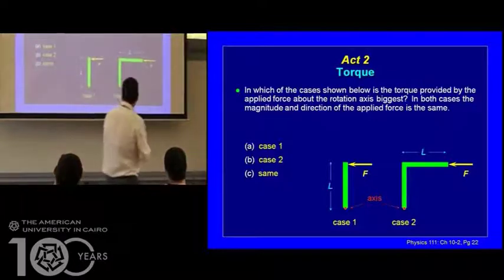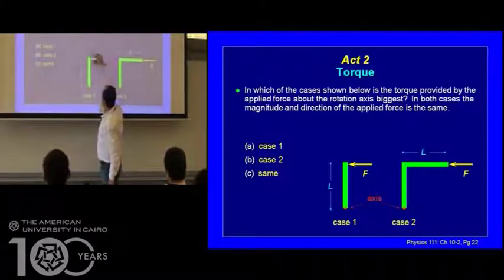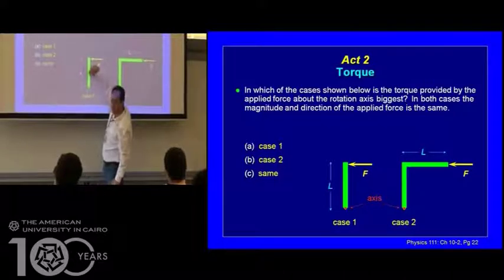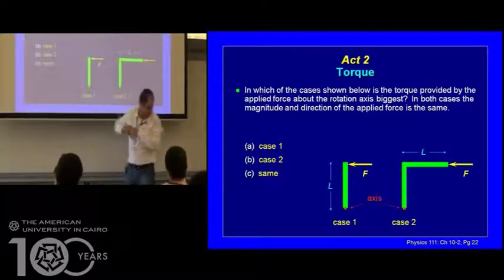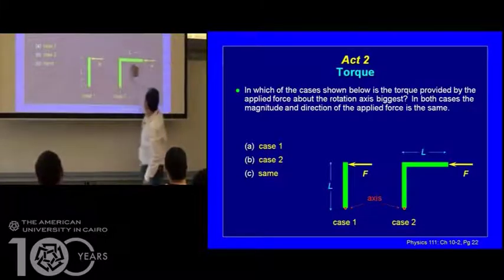Saying that this is the force F times the perpendicular distance between the line of the force and the pivot, L. So in that case, the torque equals F times L. Right? In that case, this is the line of the force.